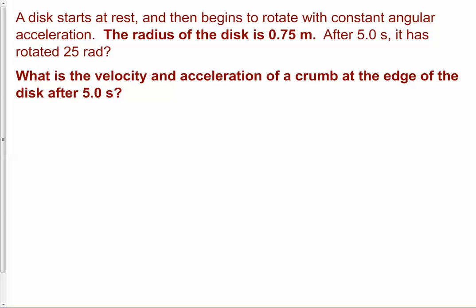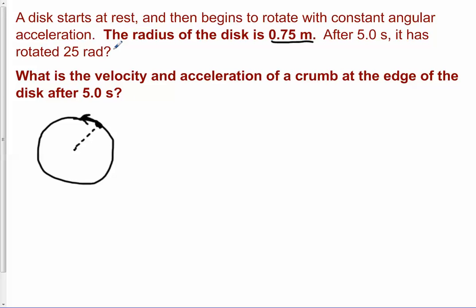So I want to know, what is the velocity and acceleration of a crumb at the edge of the disk after 5 seconds? So we have a little crumb right on the edge here that is 0.75 meters away, and it's moving along. It's engaging in circular motion.